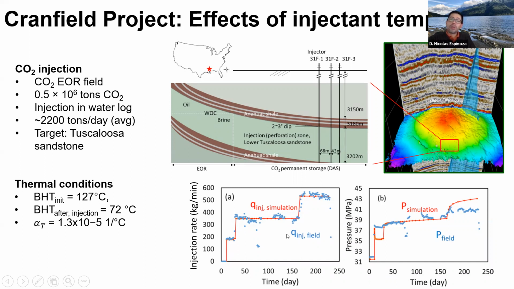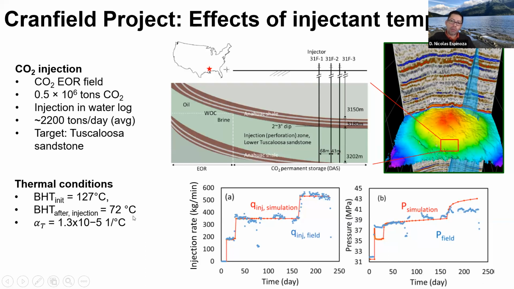And as we were saying before, sometimes in these cases you might see that your pressure doesn't increase as much as you expected. In some of these cases, that may be an indication of a hydraulic fracture in the injector. Something we also have to take into account is the temperature of the injected fluid.